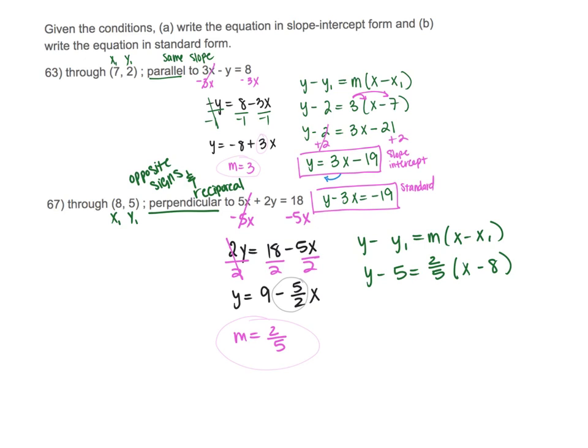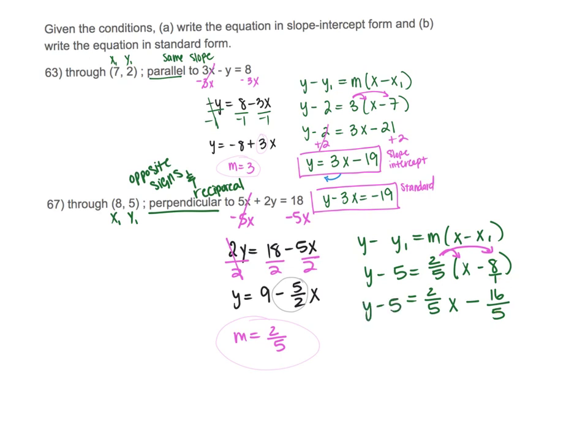So I'm going to be distributing the 2 over 5 into everything on the right-hand side. So this is going to be 2 over 5x minus 2 times 8 is 16, and this will be all over 5, since 8 over 1, if you multiply 2 times 8 gives you 16, 5 times 1 gives you 5. And then the other side stays the same.